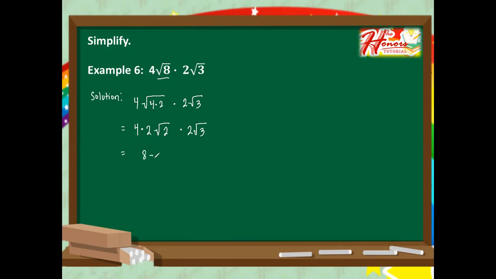And then just copy square root of 2 times 2 square root of 3. So in this part, we can just simply multiply 8 times 2, that is 16. And then for the numbers inside the radical symbol, you can just multiply them, 2 times 3. So we have here 16 square root of 6. And this is the final answer for example number 6.